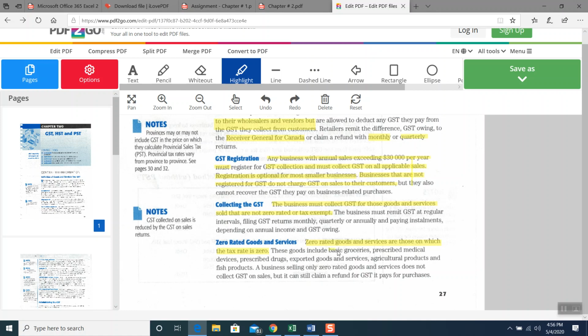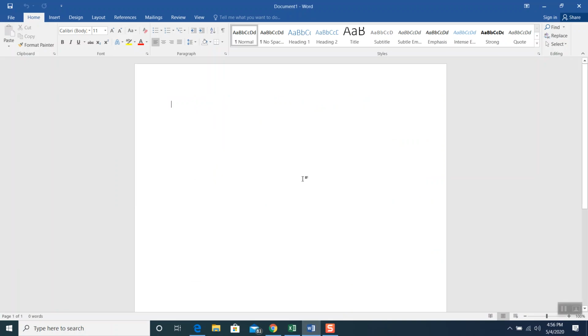These items include basic groceries. Now, what are basic groceries? Let's take a look.